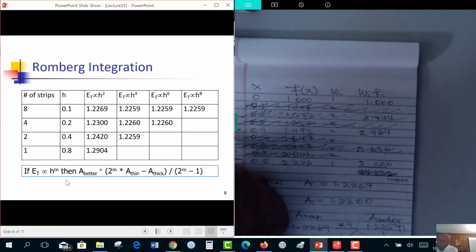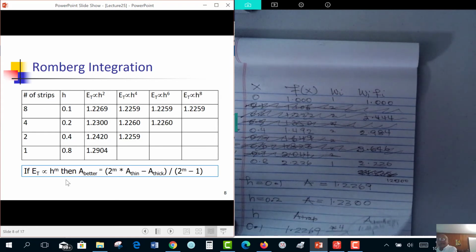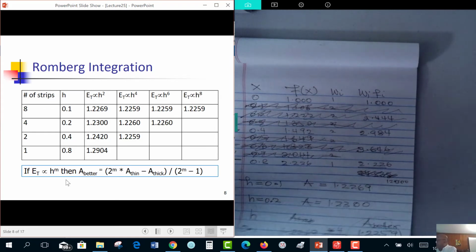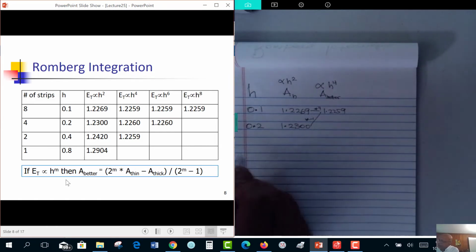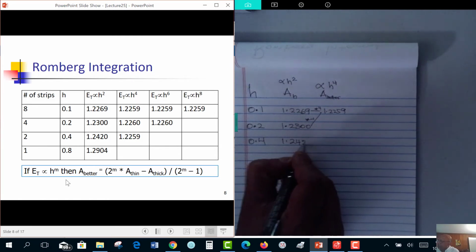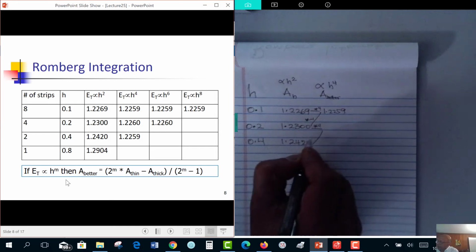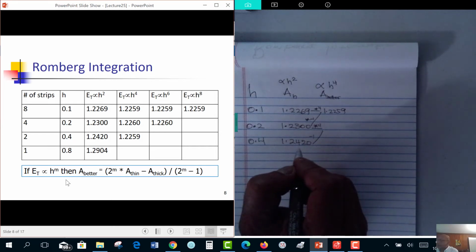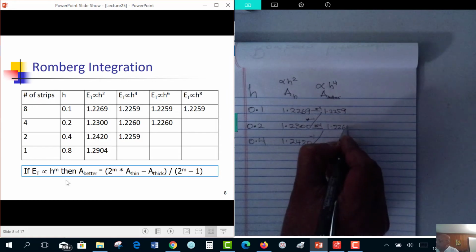These two strips are 0.4 wide, so we can do the trapezoidal rule again. Please do that by yourself so you see what value you are getting and match mine. So two strips, trapezoidal rule, we'll get 1.2420. Now we can combine these two. Give this 4 units of weight, give this -1 unit of weight, do Richardson extrapolation, and we'll get 1.2260.